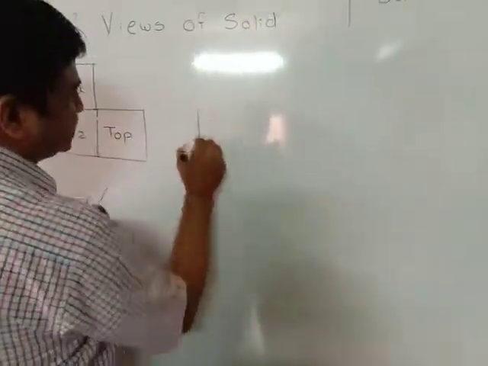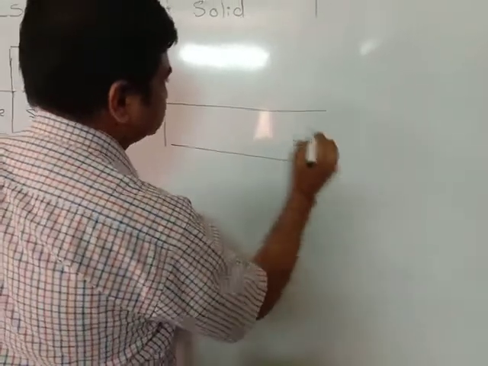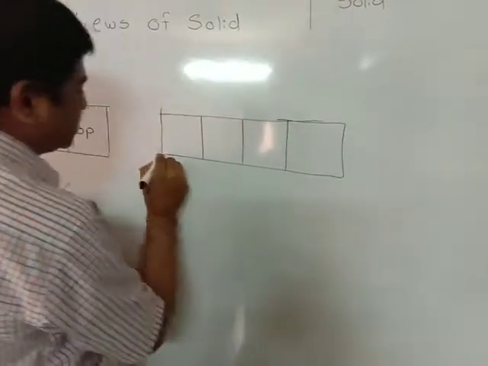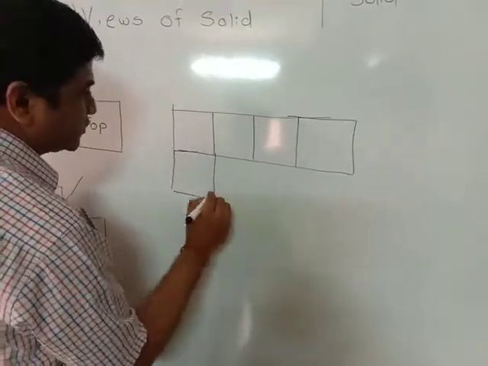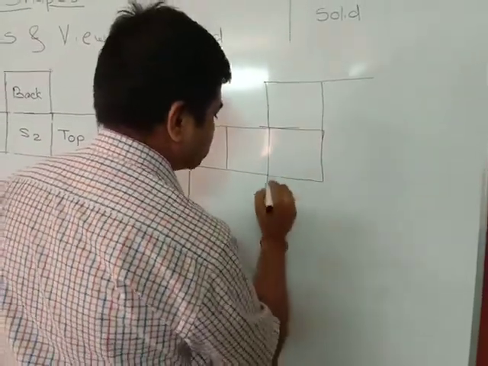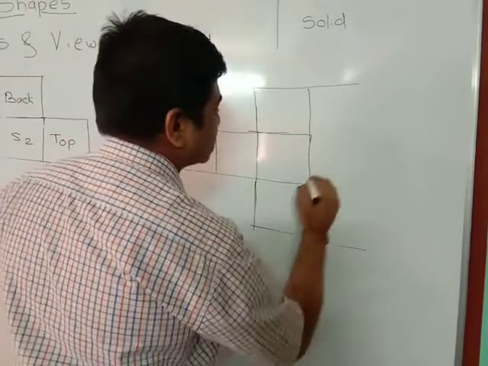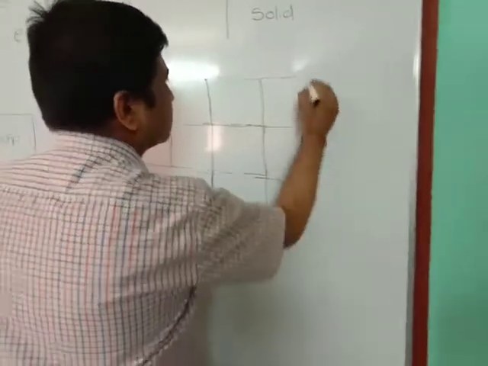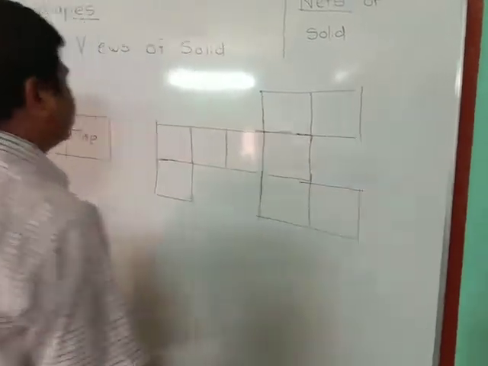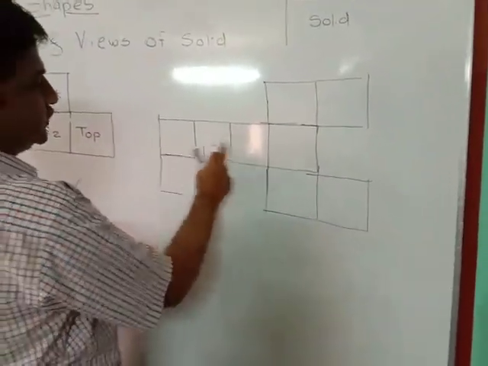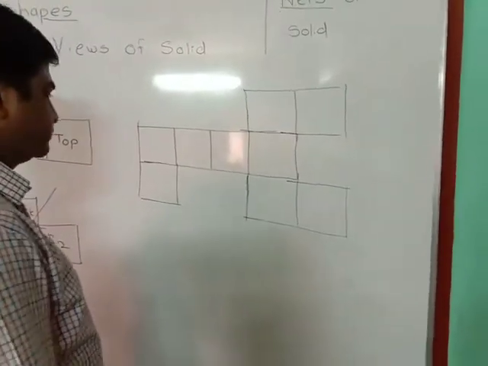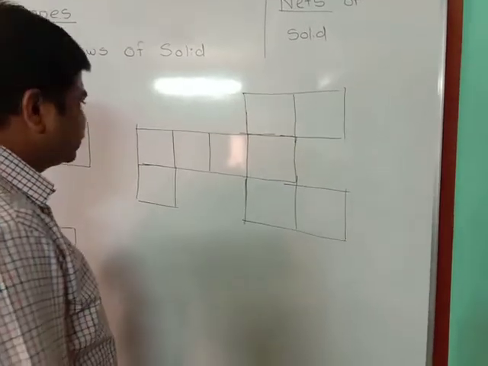One more example we will see. Now, in this figure, we are having 1, 2, 3, 4, 5, 6, 7, 8, 9 squares. Will it form a cube?